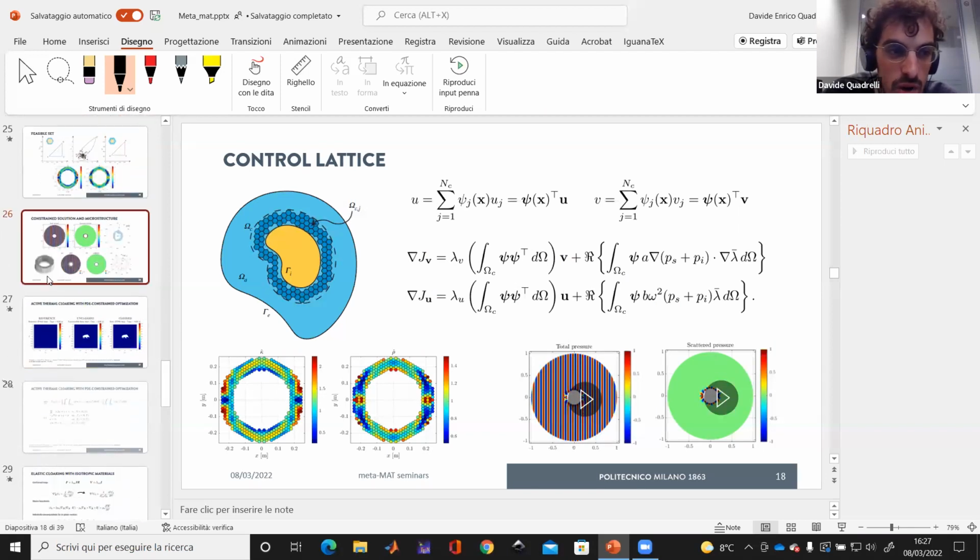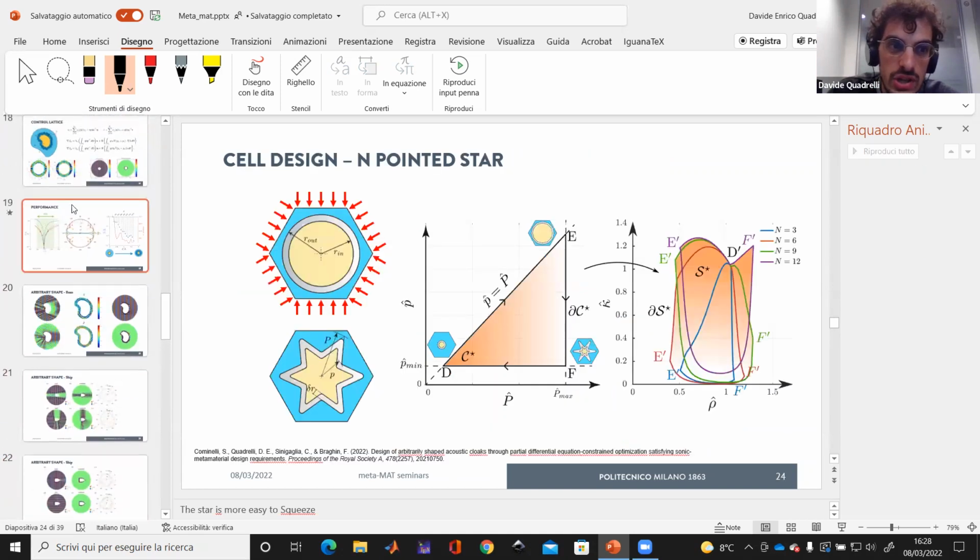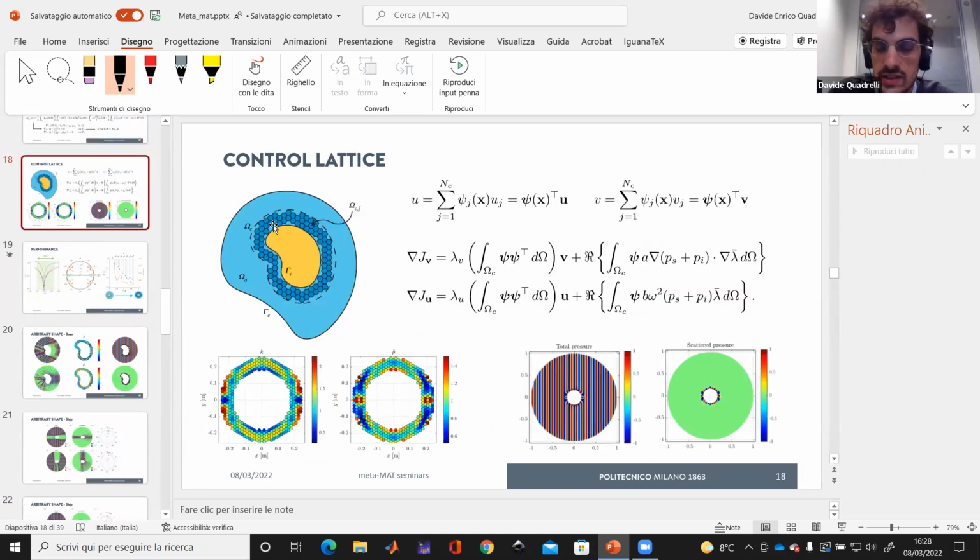If you look at this one, it looks a lot like the scattering transformation technique in some sense, but it is not designed having scatterers. It is designed having finite sized regions of constant materials, basically.